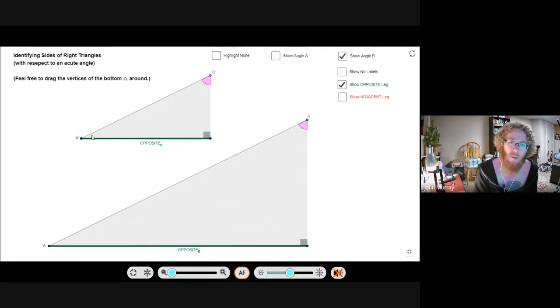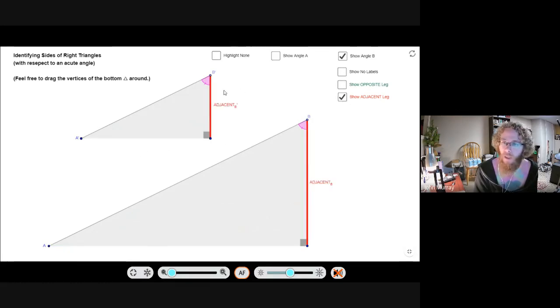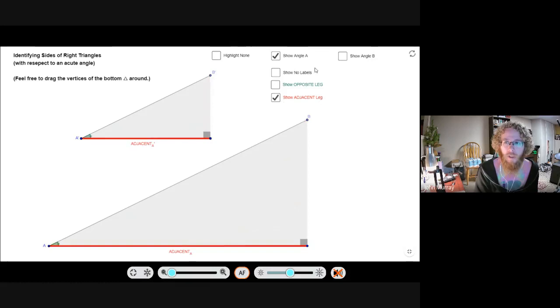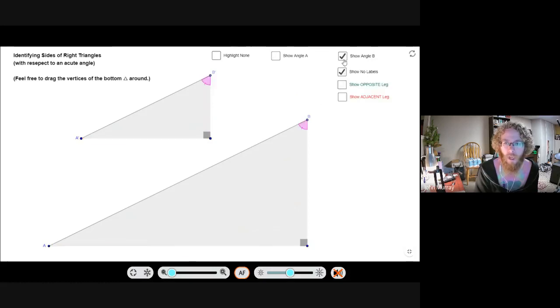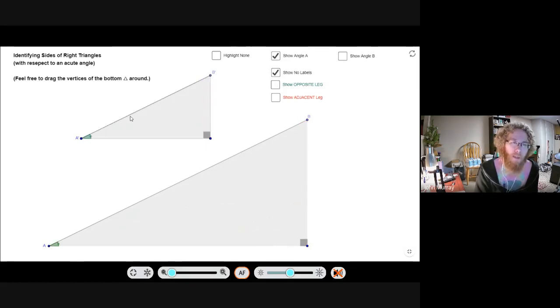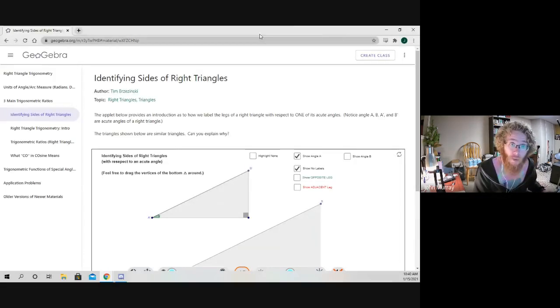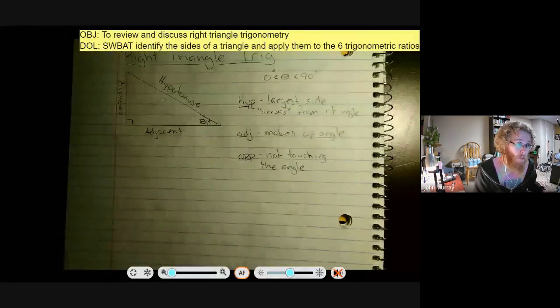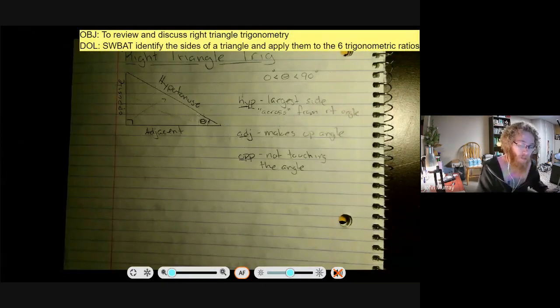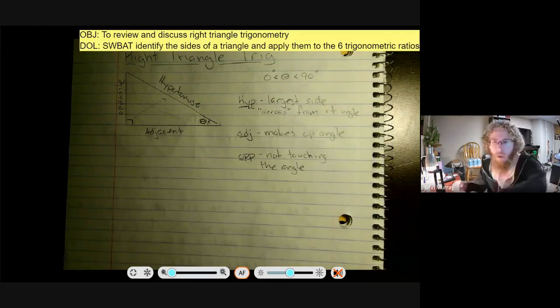My opposite side is now the longer base here, and my adjacent side would be this vertical one. So depending on what angle you're looking at, your opposite and adjacent sides will be different. The hypotenuse is always the hypotenuse. That's where I see most mistakes stem from when we're talking about right triangle trigonometry. So just be careful there.